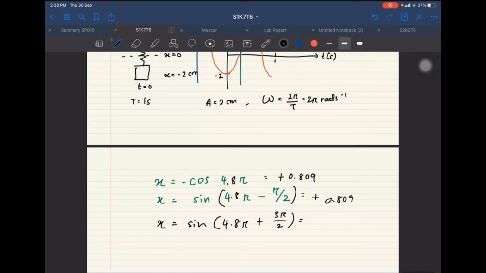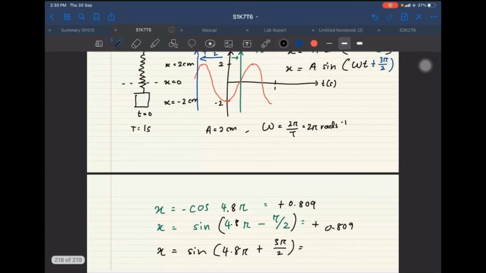Okay, what do you get? Press once. 0.809, the same. You get the same answer.